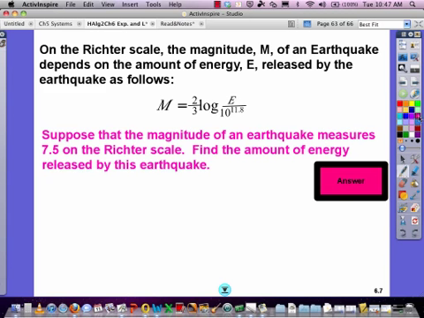They want us to find the amount of energy released by this earthquake. So, we know 7.5 is our magnitude, and 2/3 times the log of E divided by 10 to the power of 11.8.